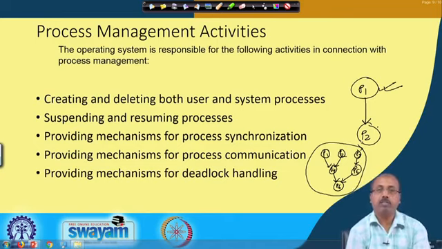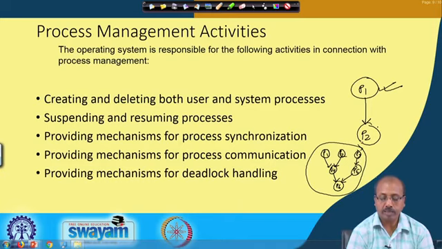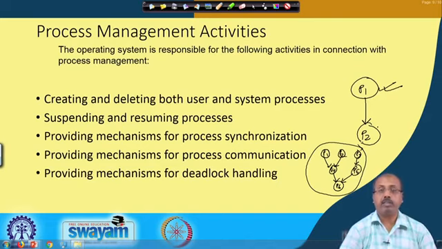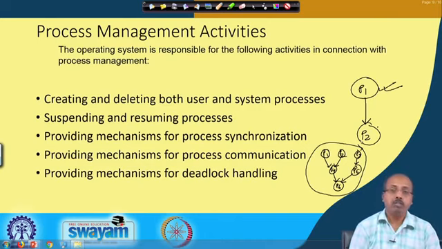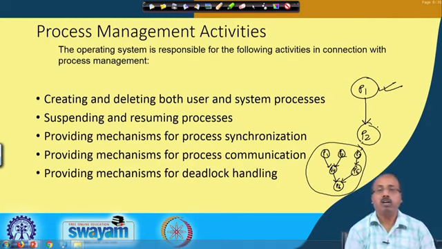Sometimes we need some mechanism for communication, like a data item which is computed by P1 and used by P2. So, there must be some communication mechanism between the processes. There is also a typical problem that occurs whenever you have this type of multiple processes, which is known as the problem of deadlock. Deadlock is a situation where none of the processes can proceed and system throughput will be very low, because all the processes start waiting for data computed by each other, or all of them start waiting for some resource to be freed by some other process, and that process again waits for some other process to free its resource.